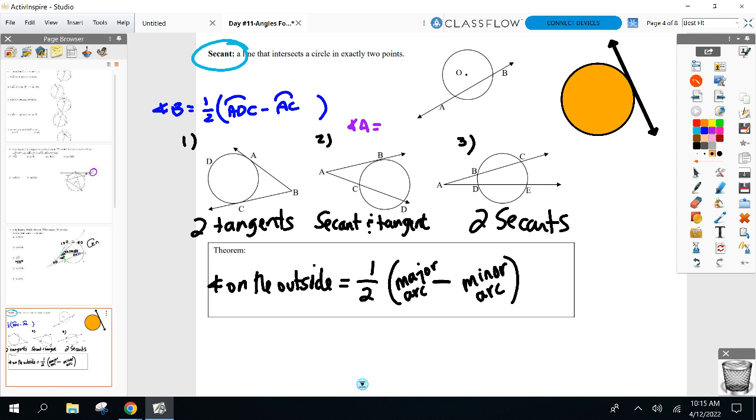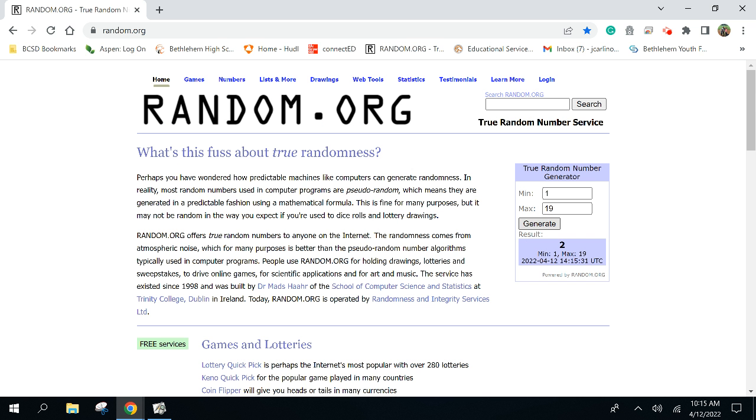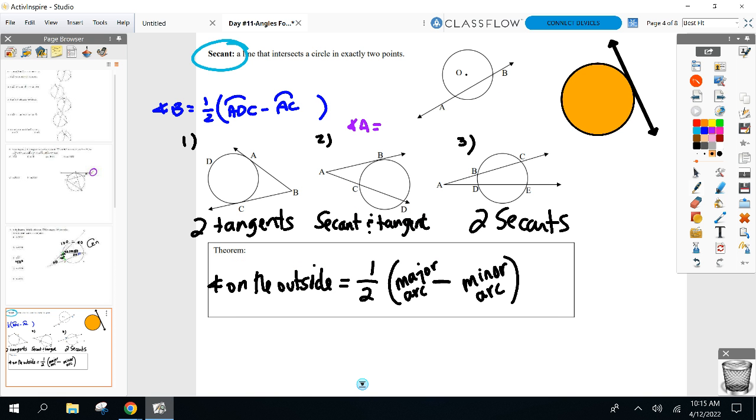So give me the 2 arcs I'd subtract here. BD. Good. I take 1/2 of BD and subtract what from it? BC. Got it. Everyone see what I'm talking about? The arcs in between.